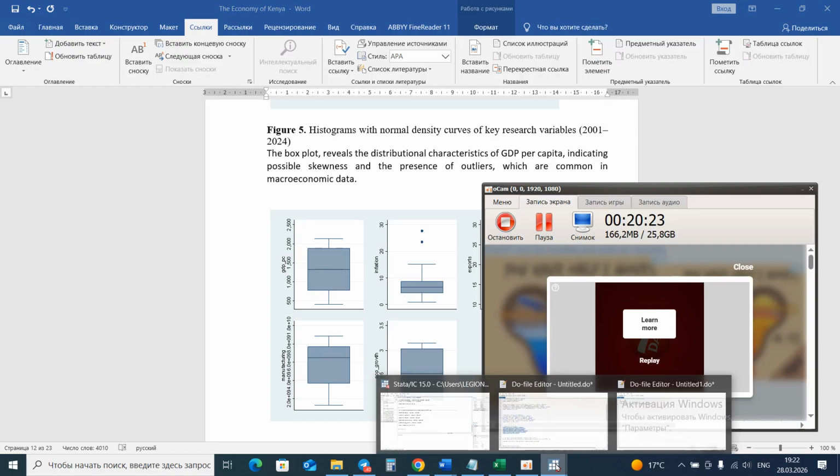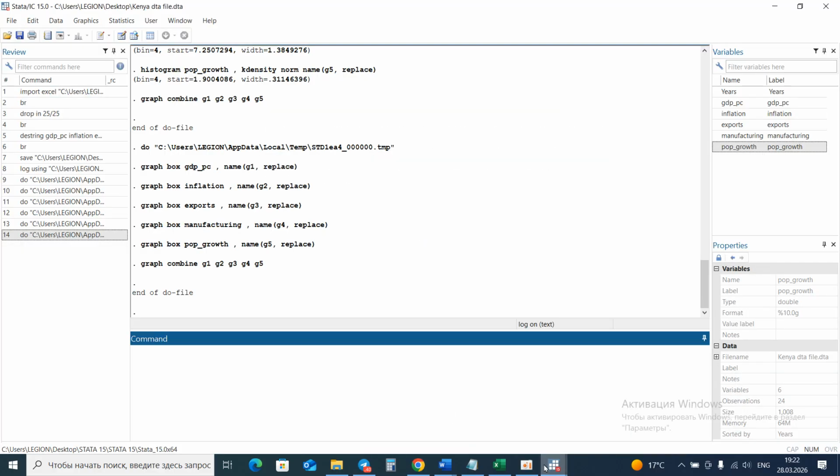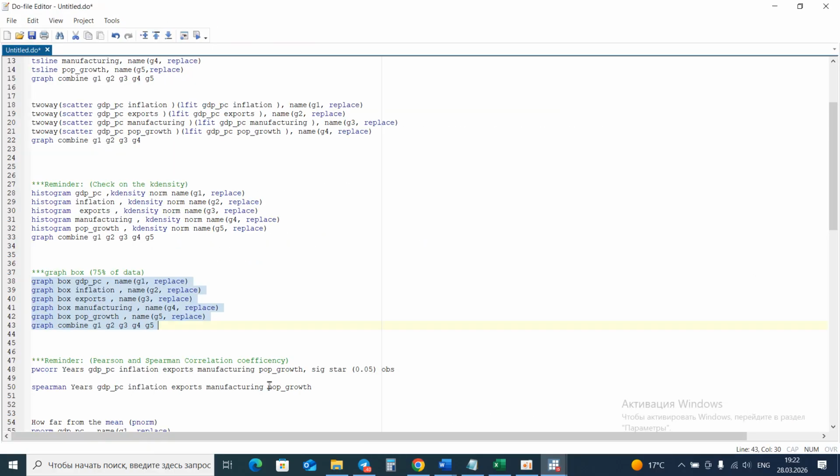We move to the next command, that is pwcorr, or Karl Pearson pairwise correlation matrix tests.